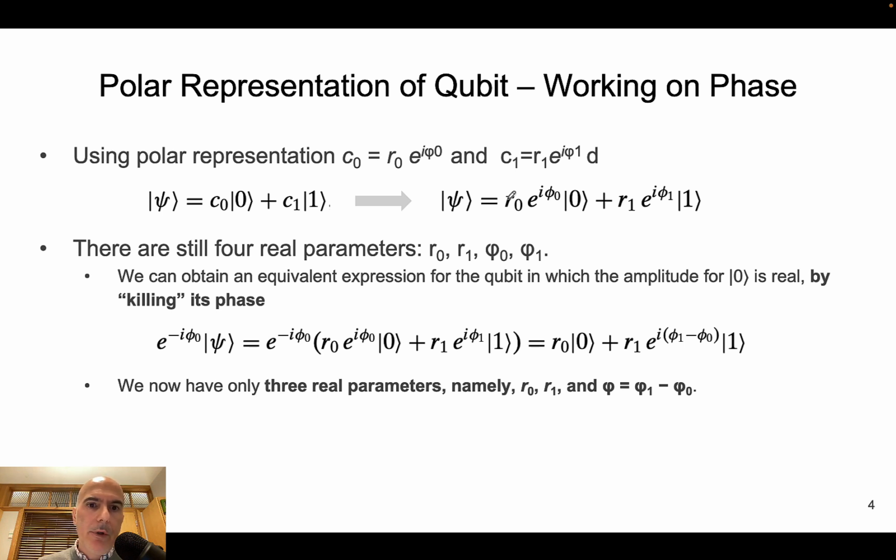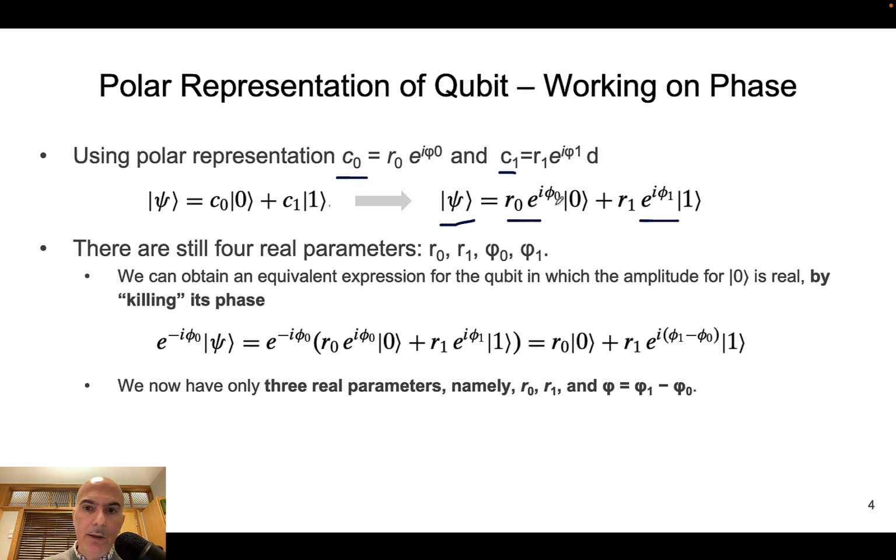If we use a polar description of C0 and C1, we can express our state psi using this formulation here. There are still four parameters: rho naught, rho one, and then phi naught and phi one.